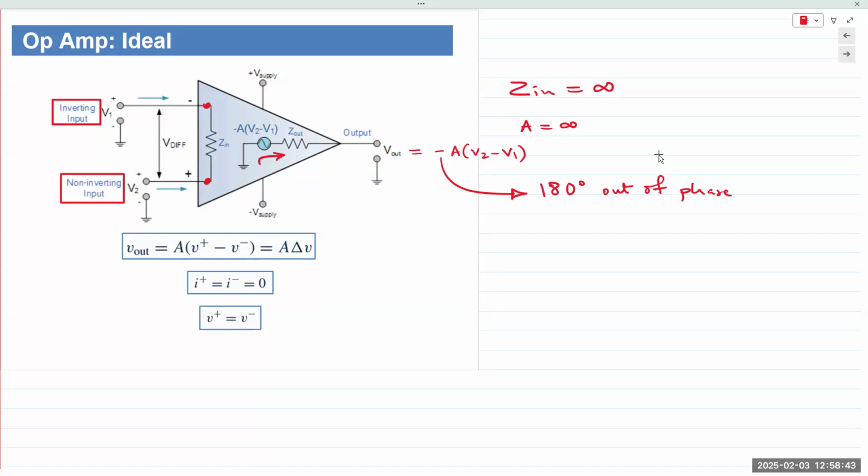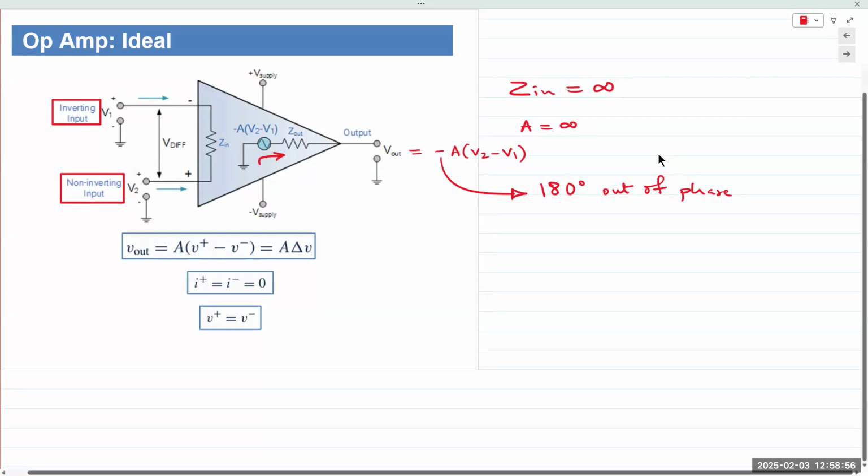V equals IR. I is equal to 0. What is V? Zero. So the voltage difference is 0 across these two points.